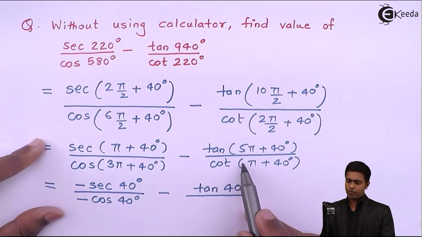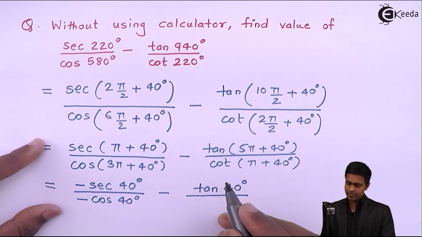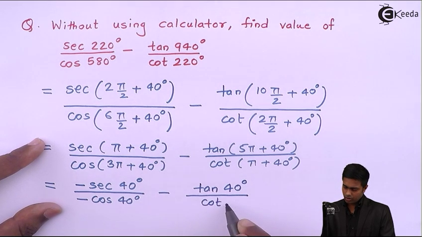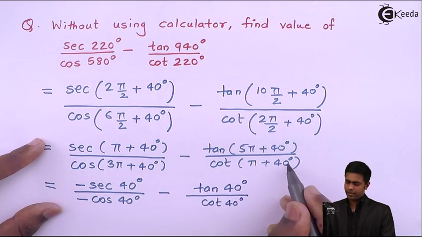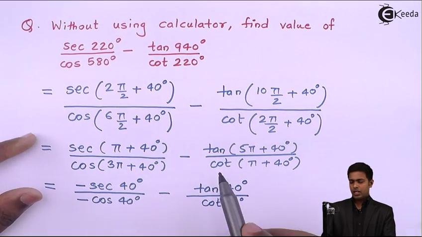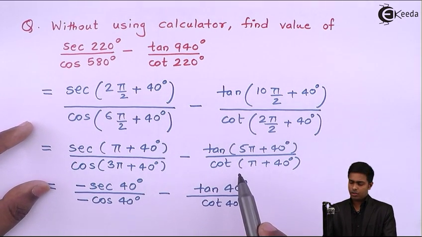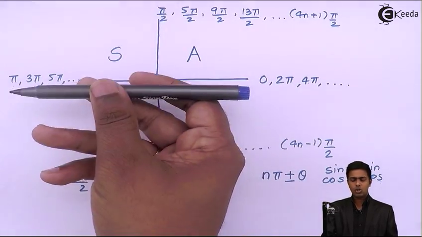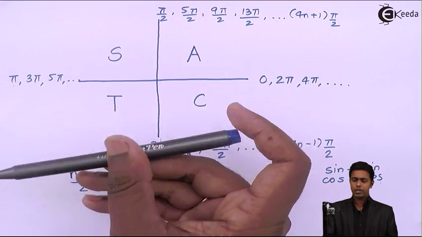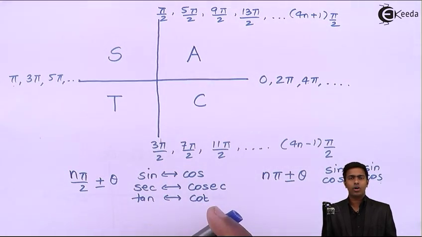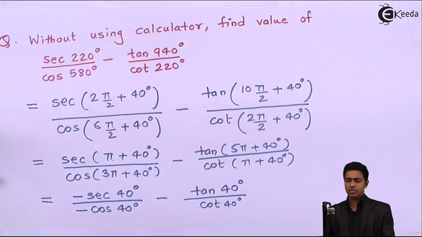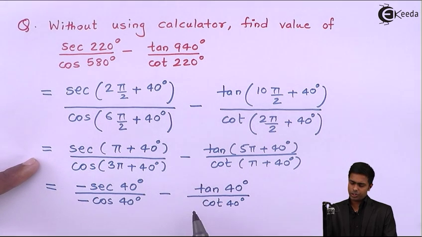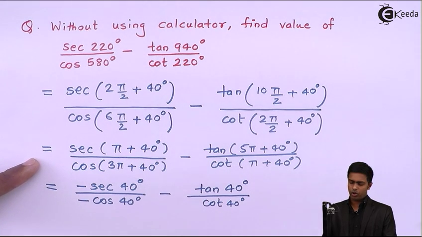It is in the form of n pi plus theta, so cot will remain cot of 40 degree, that is theta. Now let's see the quadrant and sign. Pi comes on the negative direction of the x-axis, plus 40 degree, again the third quadrant. In the third quadrant tan is positive and cot is positive, so I will keep cot positive as it is. So we got the values.